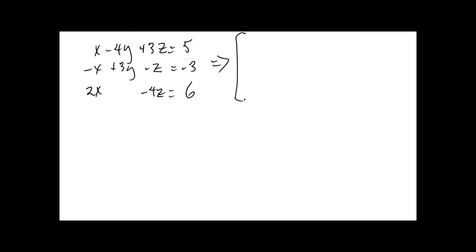By the way, the square brackets around arrays of numbers indicate it's a matrix. So what would this be? 1, negative 4, 3, 5. Negative 1, 3, negative 1, negative 3. 2, 0, negative 4, 6.